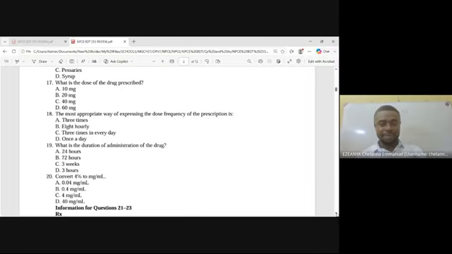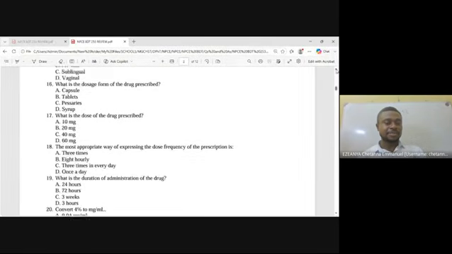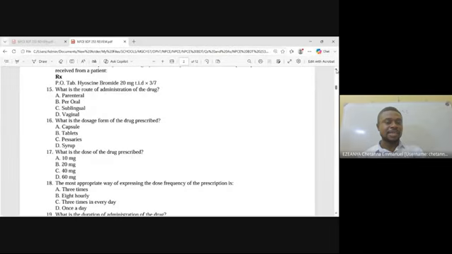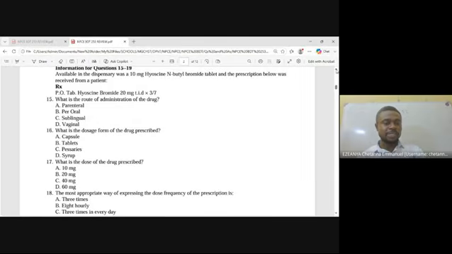Now, let's go back to the prescription. Remember, he said the most appropriate way of expressing the dose frequency of the prescription. Look at the prescription. The prescription says tablet hyoscine bromide 20 milligram TID.